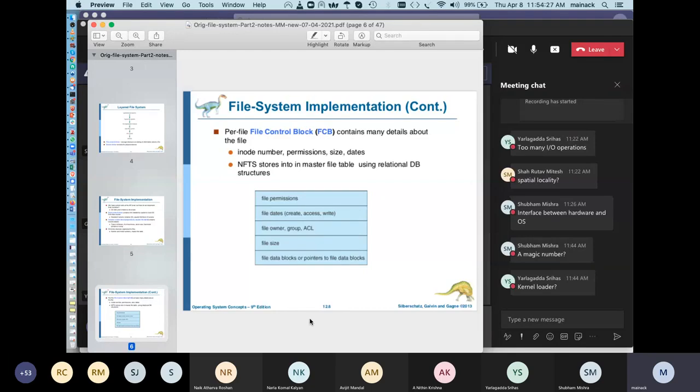However, more commonly you have pointers to file data blocks because they are all over the secondary storage. You don't need a contiguous space where the first block is the FCB and the rest are data blocks. That might not necessarily be true, and that would make your operating system development really, really constrained.